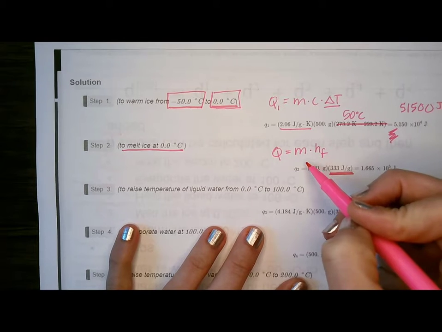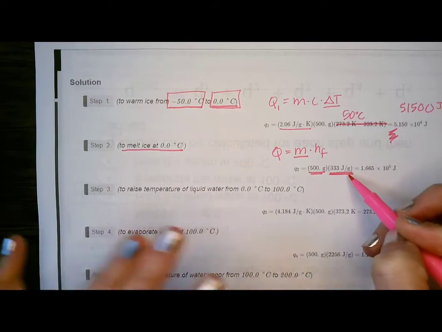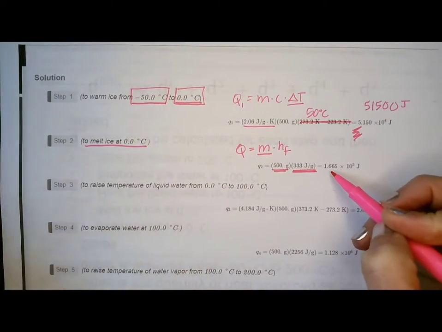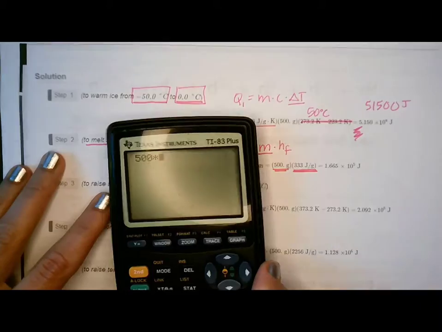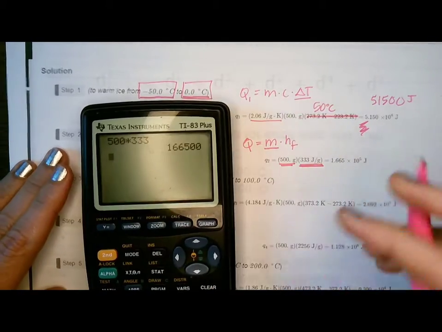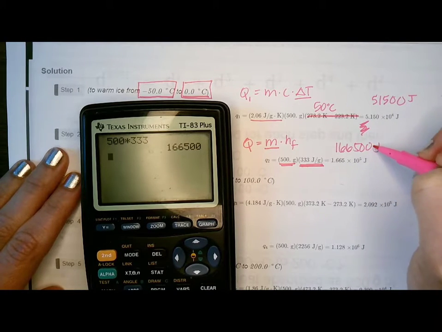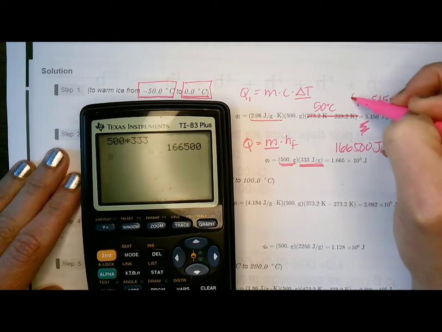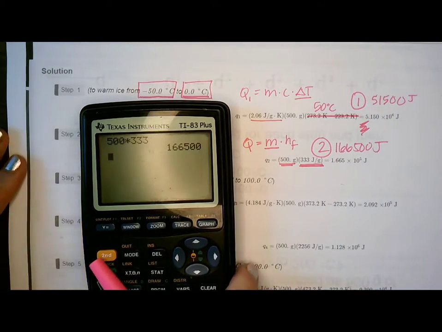So we just need to take the mass of ice that we have, 500 grams, times the heat of fusion to get 500 times 333, which is 166,500 joules. So this is my Q for step 1. This is my Q for step 2.